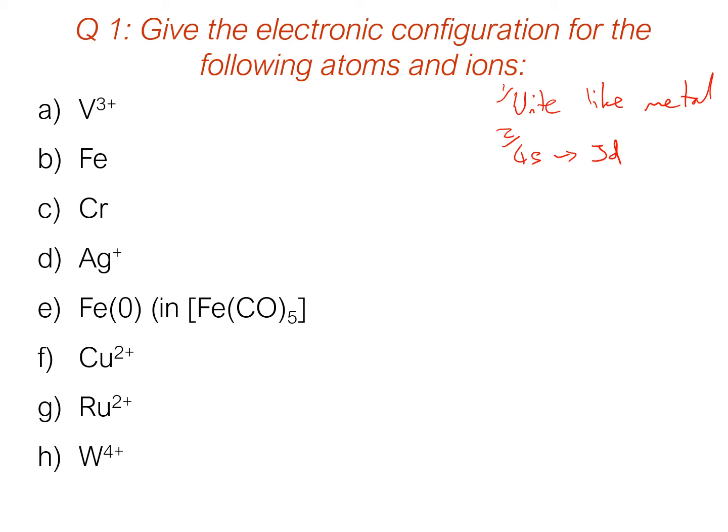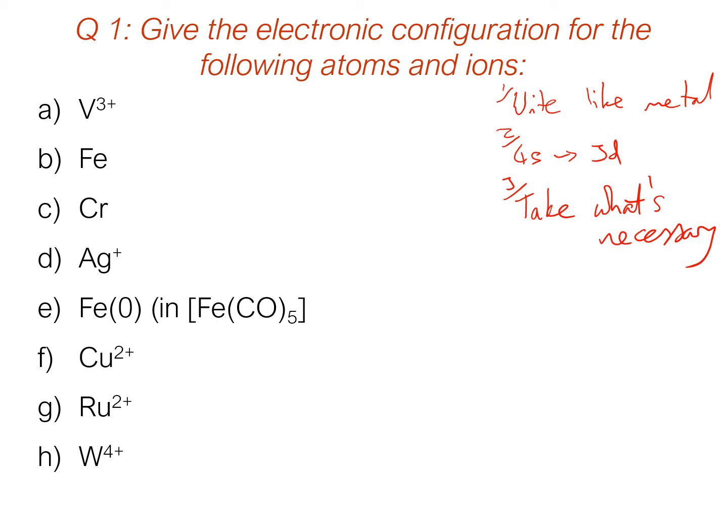When we're working out for an ion, we can move those two 4s electrons into the 3d orbital because there's room. It makes 3d8, and then just take away what's necessary to get the ion you're looking for. Cool. So with that in mind, let's go through these.